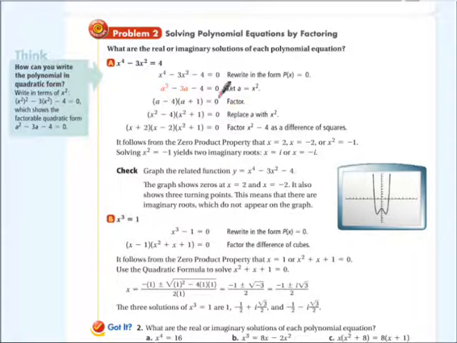Sometimes people like to take something that's complicated out and put in something that's a little bit easier. We're really good at factoring quadratics, but quartic functions are a little bit different, right?